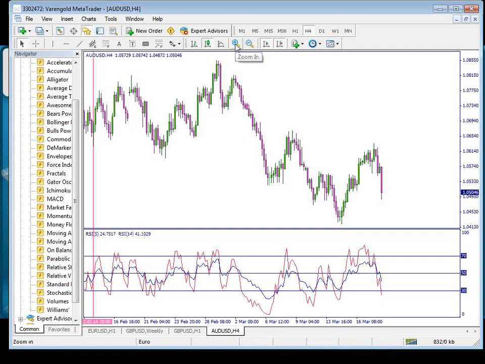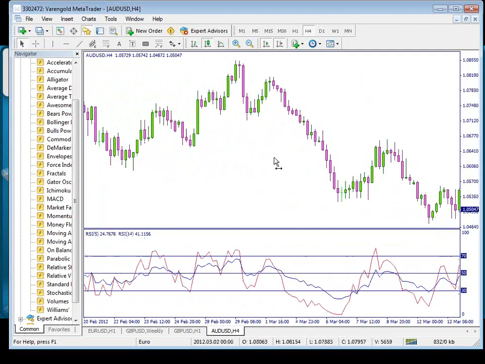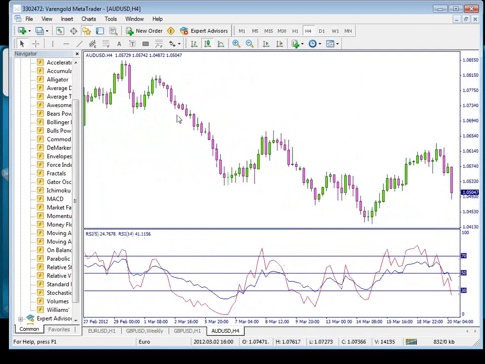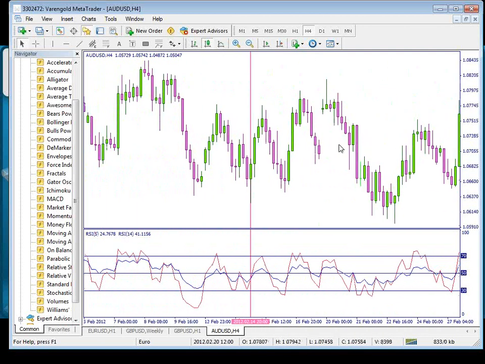For this 4-hour chart, at least until the price is touching the 70 level of RSI, we could stay in one buy order.